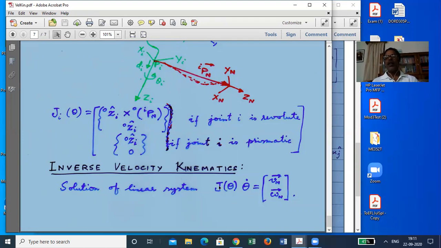In ordinary non-redundant manipulators, for the special case, it will have 3 elements here, 3 elements here. So typically we will have 6 degrees of freedom, and this matrix will be 6 by 6. For ordinary configurations, where this matrix is non-singular, full rank, for the demanded end effector motion you will get a unique solution for the joint motion.